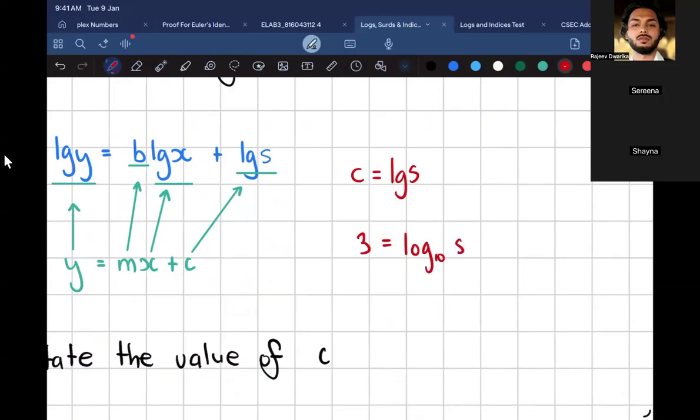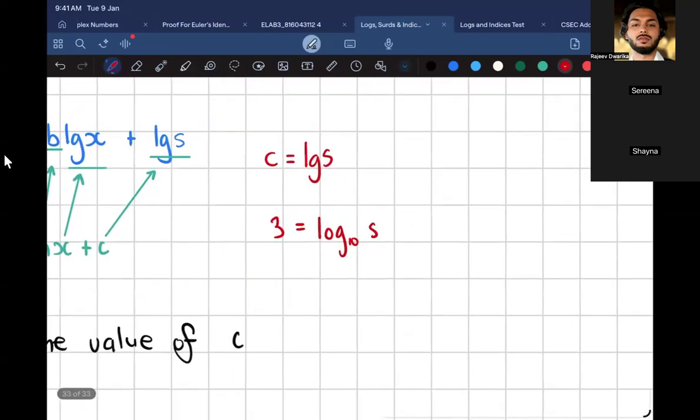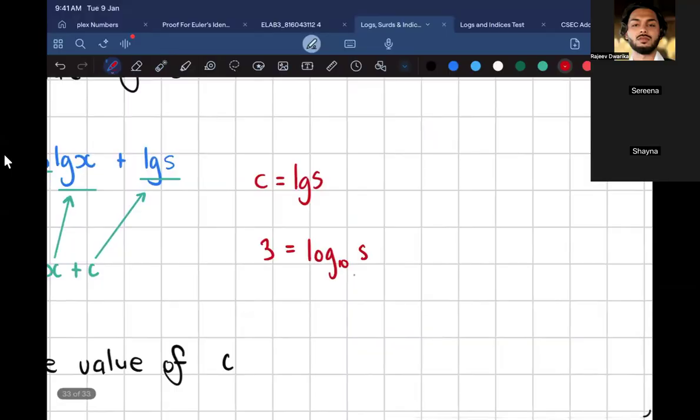So my question to you is, how would I find S here? I have the log form. Is it possible for me to go from the log form to the indice form? Yes, sir. In the indice form, it's the base to the power equals the argument.